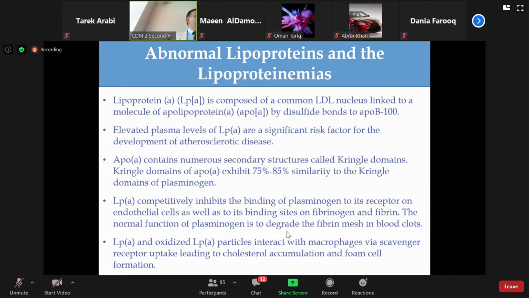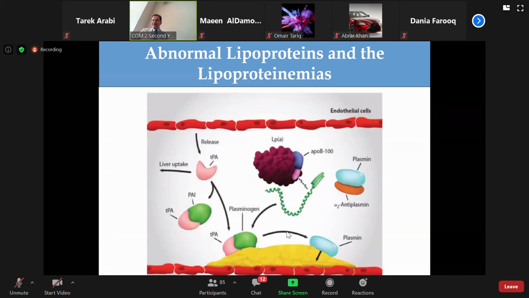This Kringle in lipoprotein A competitively inhibits plasminogen activation. How? Notice here that plasminogen is activated by plasminogen activator, TPA. Now, lipoprotein A binds to the TPA. As a result, plasminogen is not activated to plasmin. This is why it is pro-atherogenic.